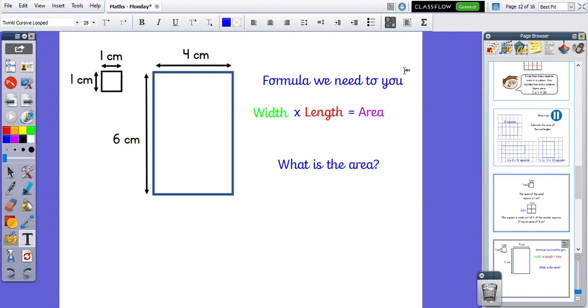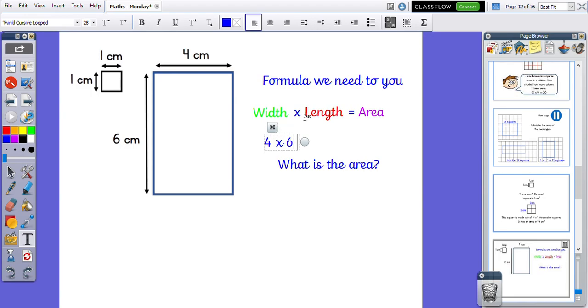So the formula means something that you can add the numbers into to give you your answer. The formula you need to use is the width times the length equals area, or the length times the width to give you area. Okay, so I want to find out what is the area of this shape. So I'm going to do 4 multiplied by 6.